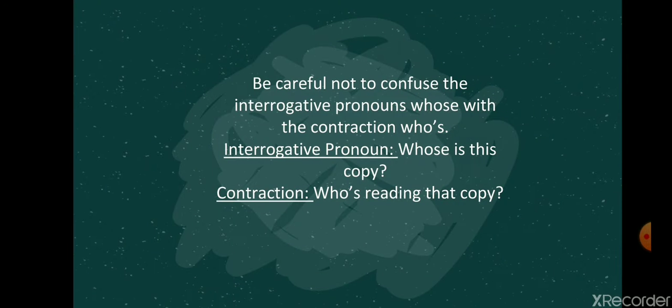How about whose and who is? Be careful not to confuse the interrogative pronoun whose with the contraction who is. Whose is this copy? Remember that whose, we use it when we are speaking about possession, ownership. And who's is a contraction. Who is reading that copy?